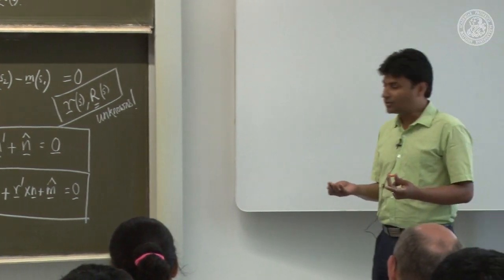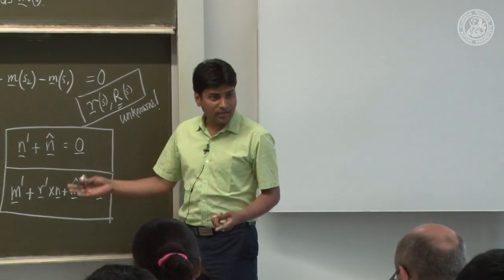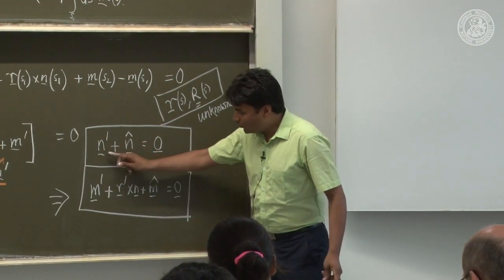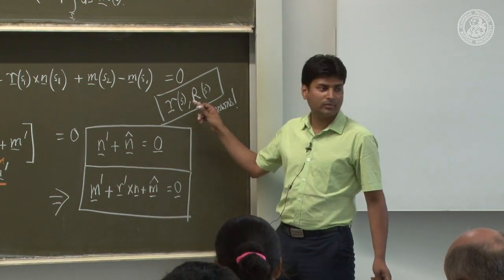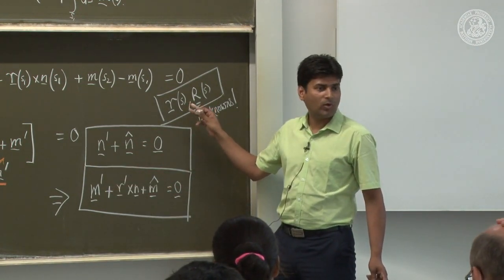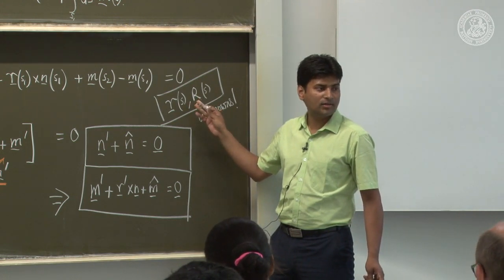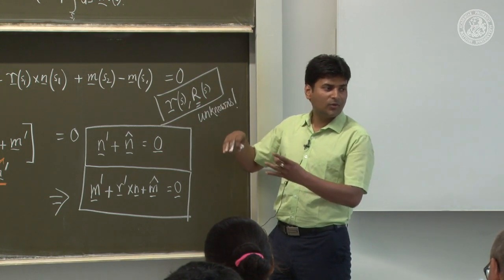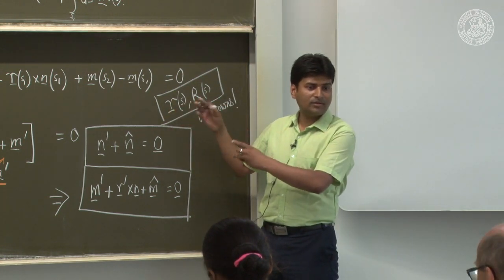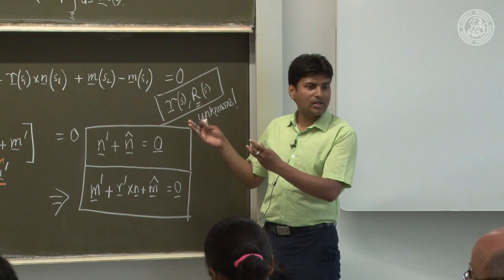We need equations which can connect the forces and moments with the kinematic variables. What are those equations called? The equations which connect stress with the kinematic variable. Constitutive equations, right?